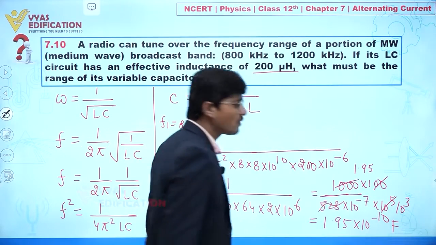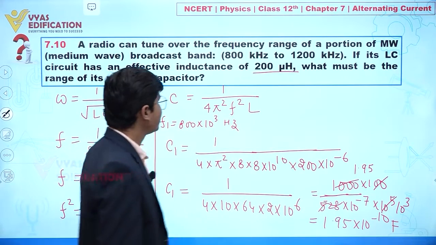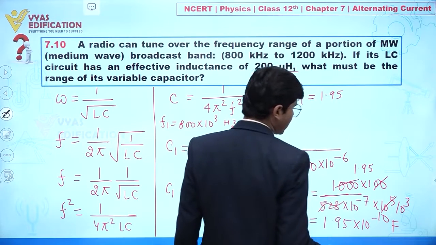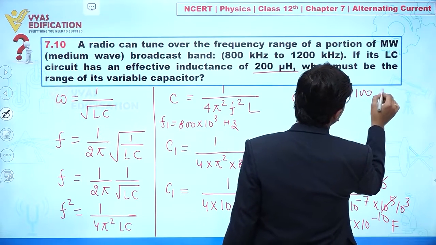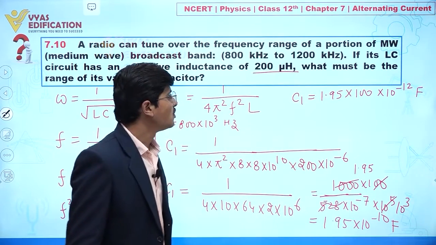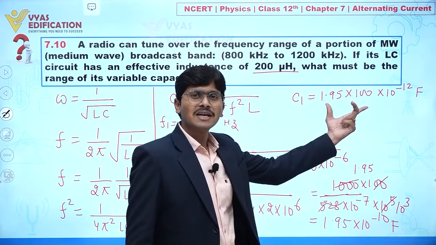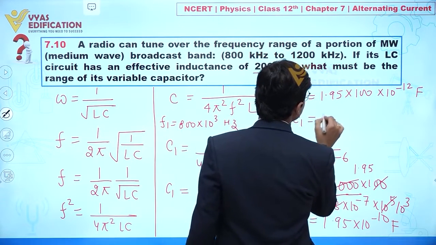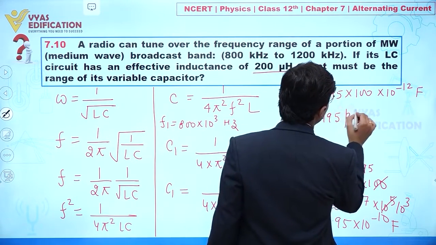So can we convert this value into picofarad? Yes. So the value of C1 we are getting is 1.95 multiplied with 100 and multiplied with 10 to the power minus 12 farad. So this is 195 into 10 to the power minus 12. So C1 is given by 195 picofarad.